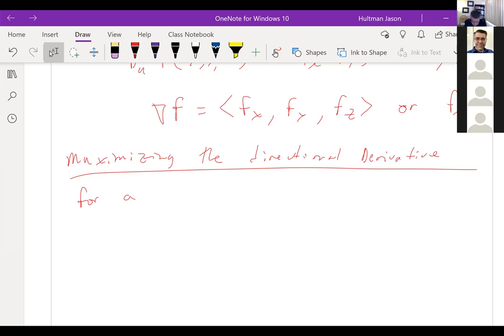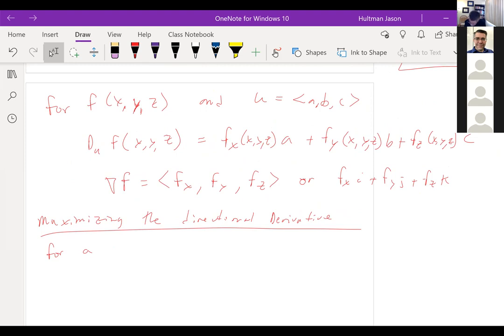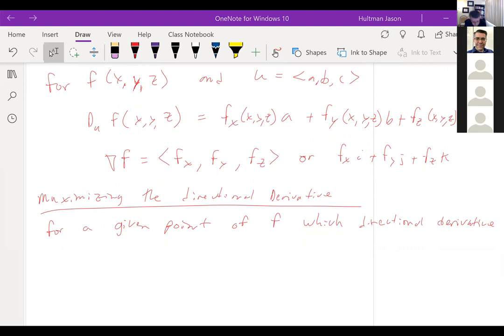Okay, so maximizing the directional derivative. For a given point of f, which directional derivative produces the maximum rate of change?